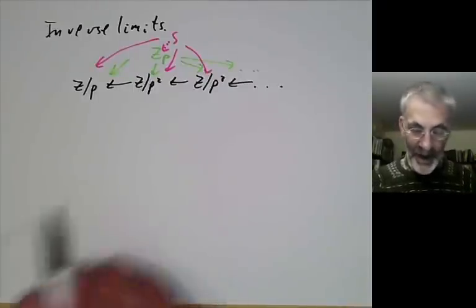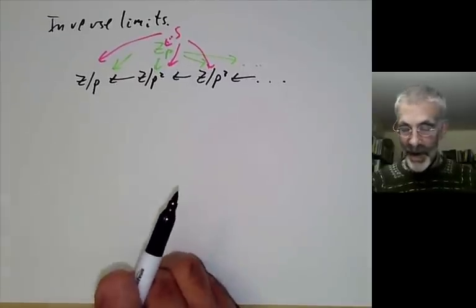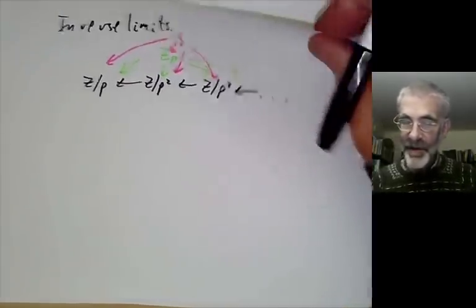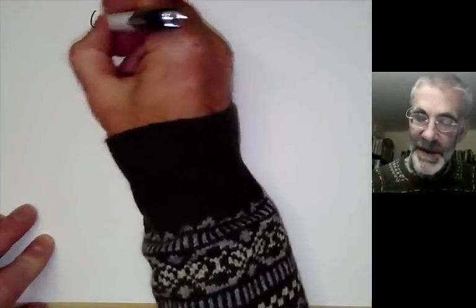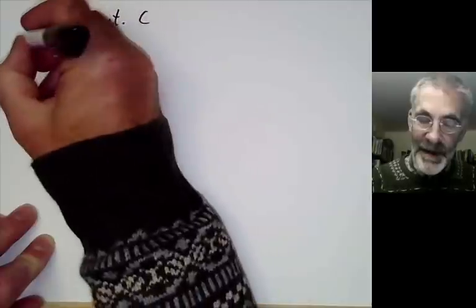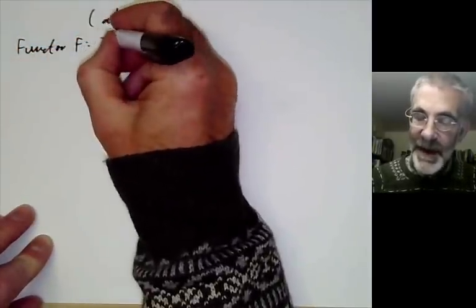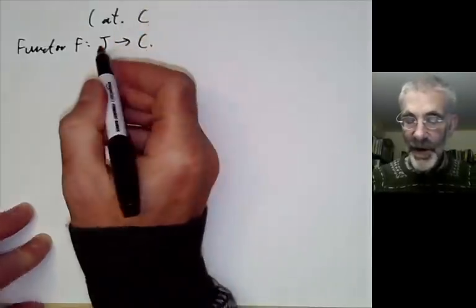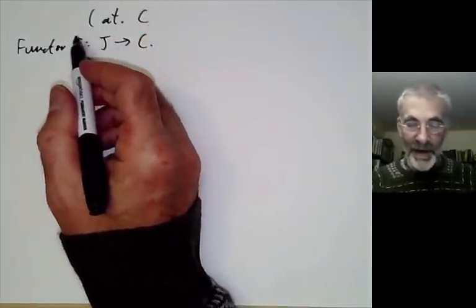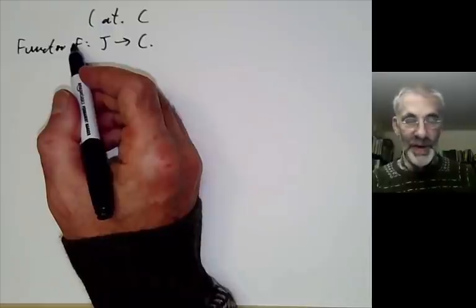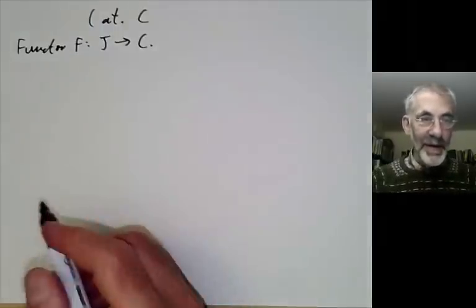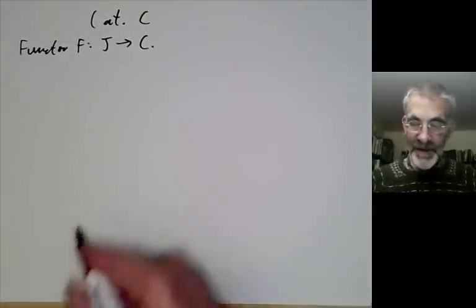Well, now that we've seen all these examples, we can give the general definition of a limit. So what we do is we just take a category C and we take a functor F from some category J to C. And what we're going to do is take the limit of an arbitrary functor, and I'm going to show you how all these other sorts of limits are just special cases of this.